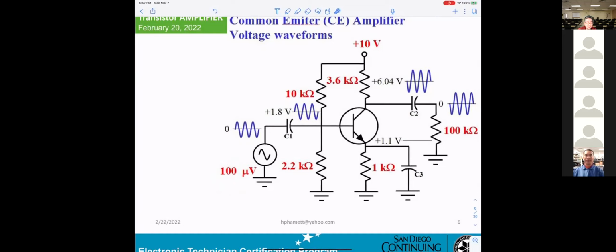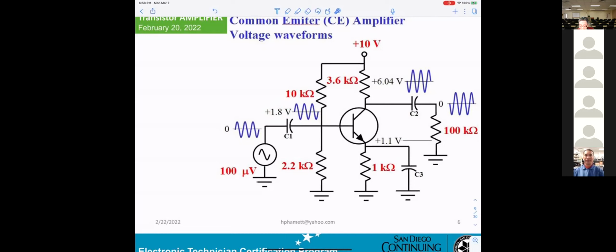When you set your scope to DC coupling, both signals will be displayed, DC and AC. And the DC is too big, AC is too small. You cannot see the peak-to-peak here. So that's why you must set AC coupling. So they remove that 1.8 volt. Now you can measure.